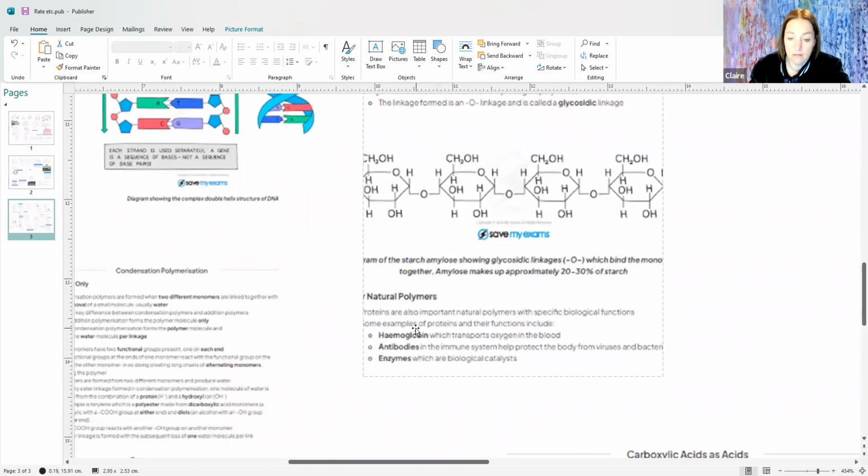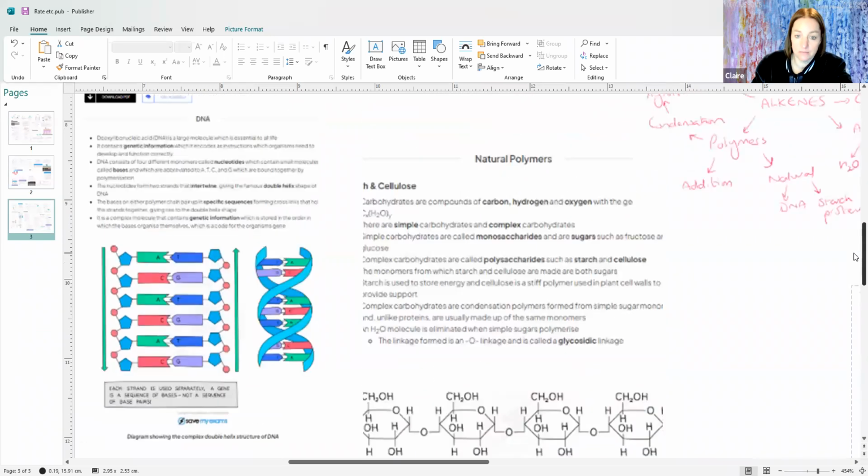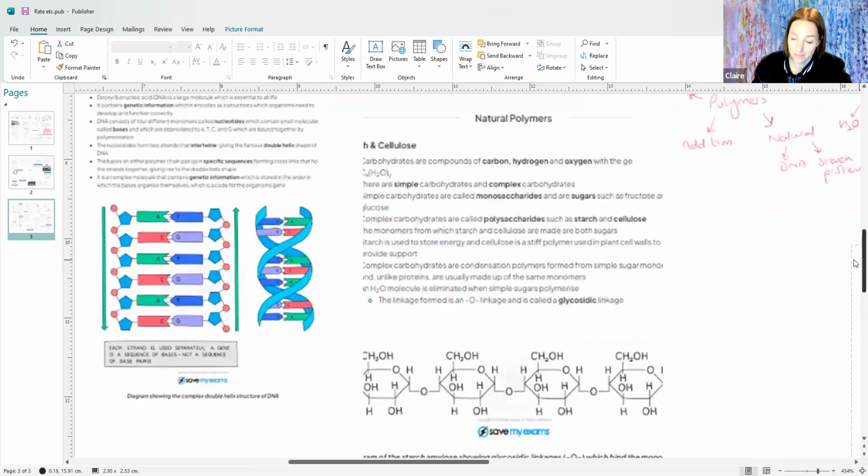Proteins are also natural polymers, so that's where your amino acids come in. Haemoglobin would be a natural polymer. So are antibodies and enzymes, because they're all made of protein, which are long chains of amino acids, which is a polymer. So we're linking biology with chemistry here. We like it.